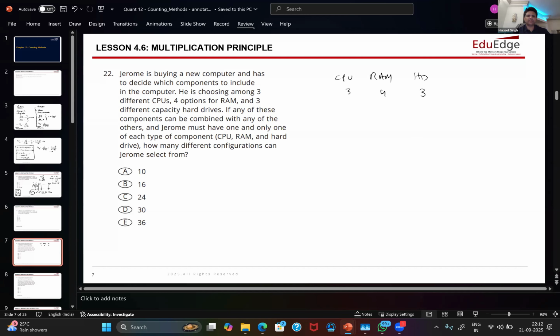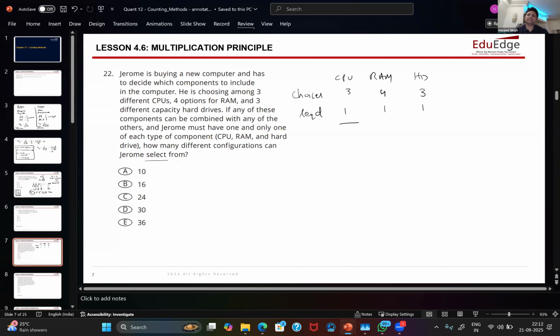If any of these components can be combined with any of the others, and Jerome must have one and only one of each type, which means, can I say, these are the choices, but how many required? Can I say one each, correct? In the final combination. How many different configurations can Jerome select from?